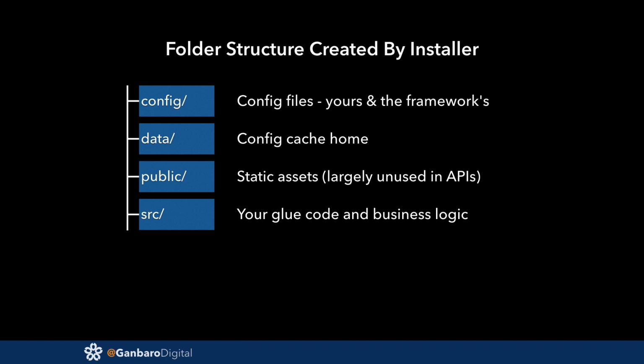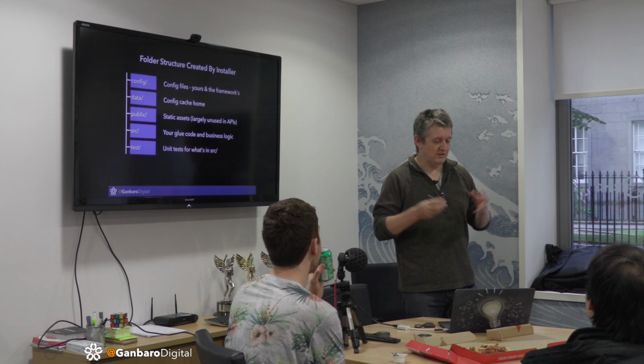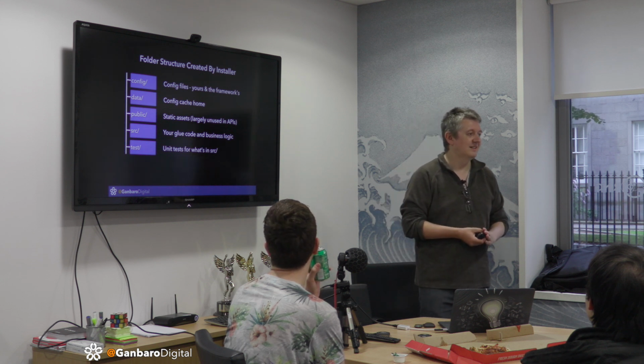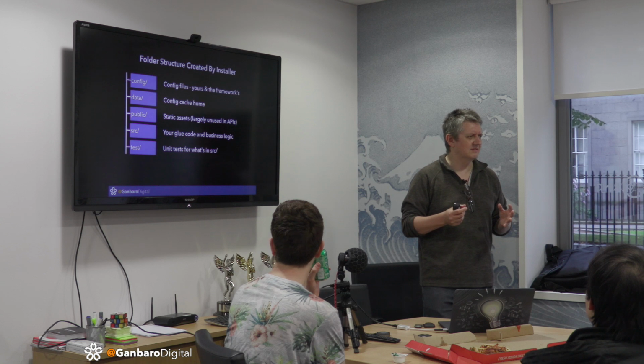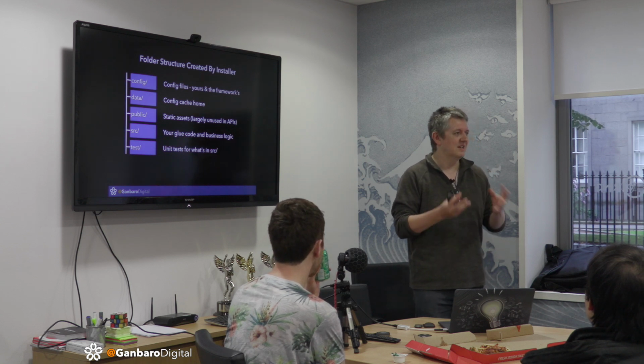You've got the source folder, which is where we're going to put all our code, our modules and everything. There's a top-level test folder. Zend Expressive separates all the testing code out from your source code, so that when you tarball all this up and ship it, you can just drop that test folder entirely. I believe Symfony tests can appear in multiple places, including next to the code that's actually being tested.